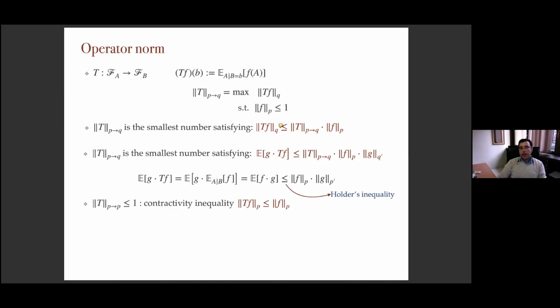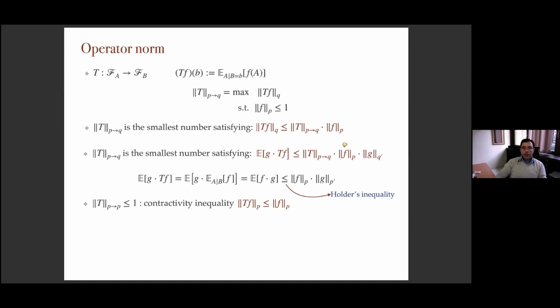Because remember, if I want to compute the Q norm of T of F, I should maximize over all G the expectation of G times this guy, over all choices of G whose Q prime norm, the Holder conjugate of Q, is at most 1.